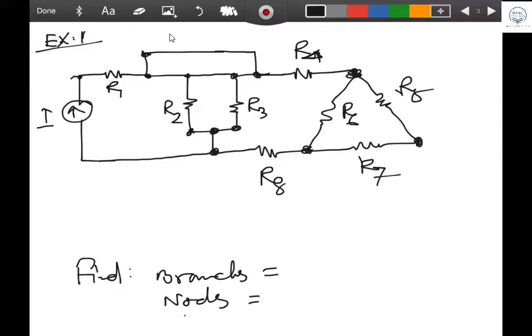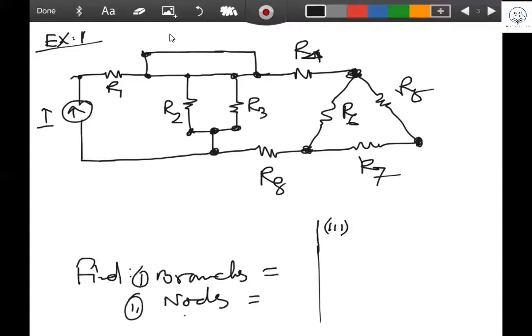These are the questions. The third question is, if we move from, okay, first you find this answer.